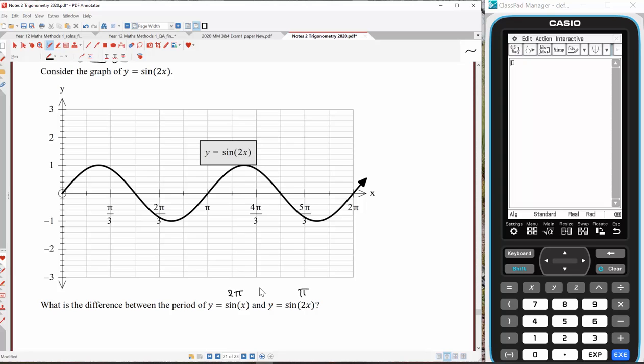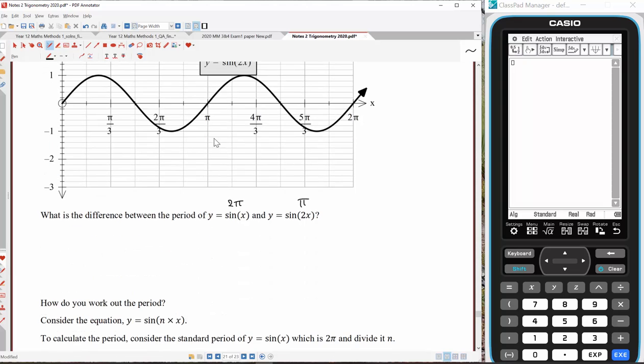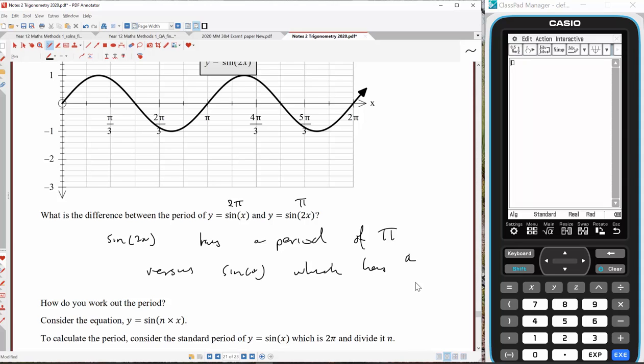So the period of this one is pi. Sine 2x has a period of pi versus sine x, which has a period of 2 pi.